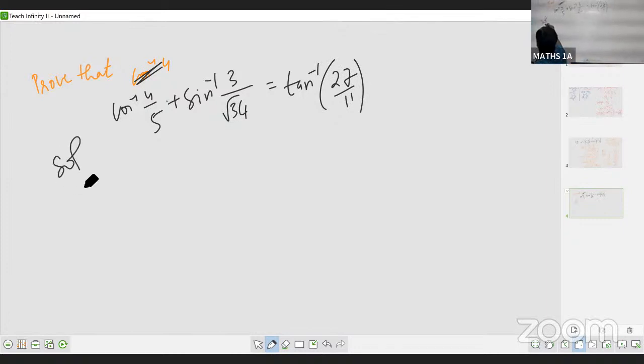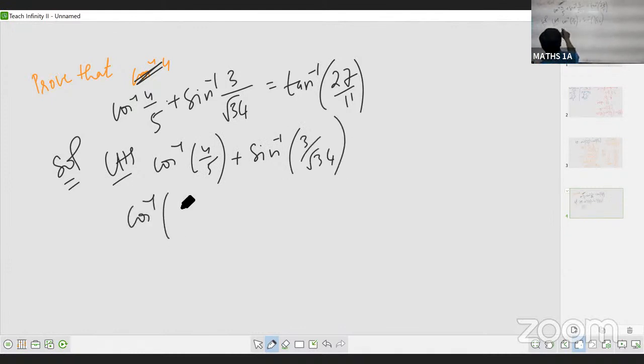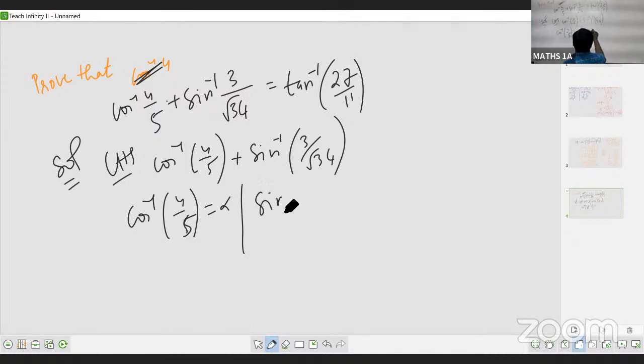Now solution. First we take LHS. Cos inverse of 4 by 5 plus sin inverse of 3 by root 34. Now same concept, cos inverse of 4 by 5 you take it as alpha, and sin inverse of 3 by root 34 you take it as beta.